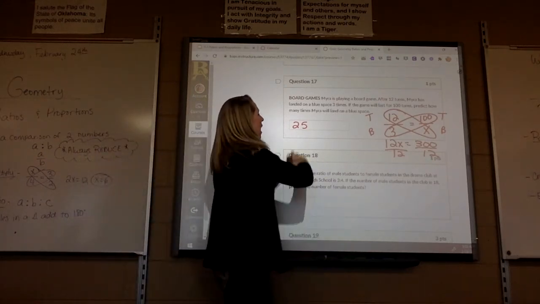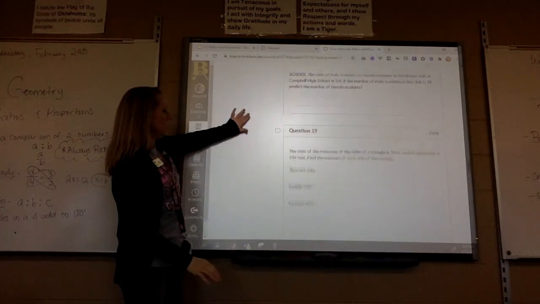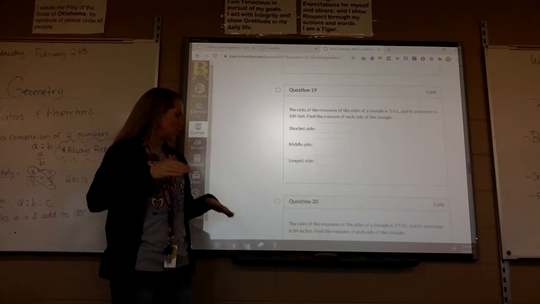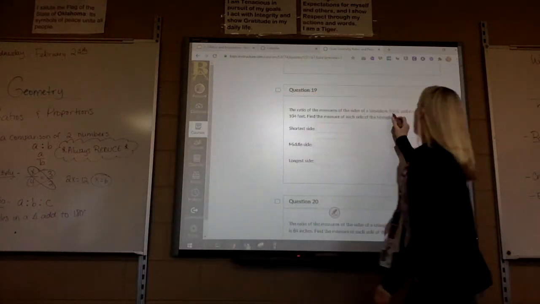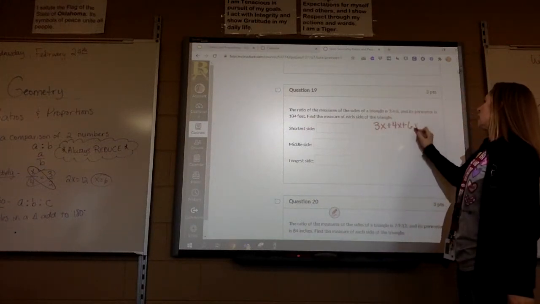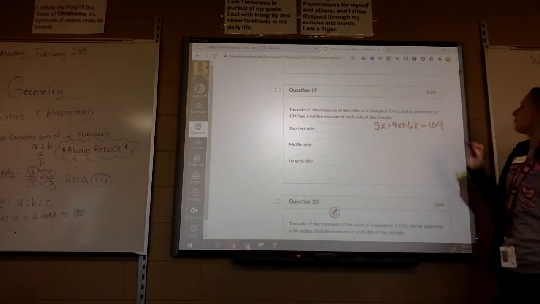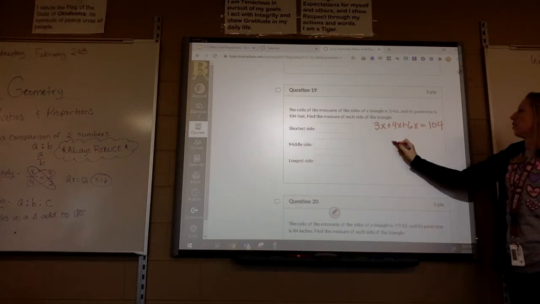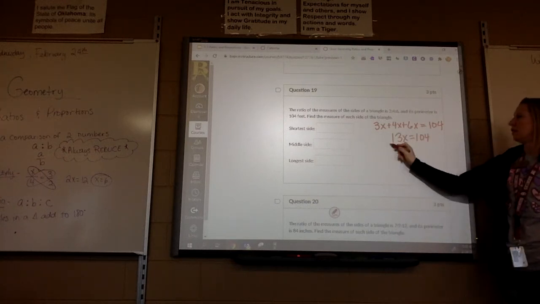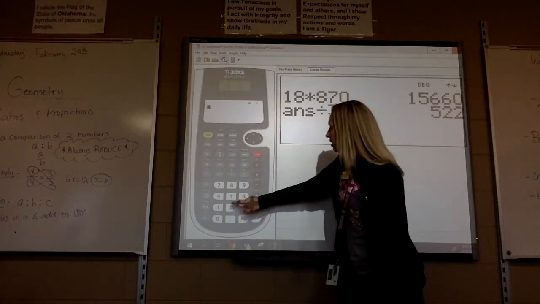Okay, the last type of problem is the extended ratio. Remember, you put an x next to each of those. Like on number 19, I would have 3x plus 4x plus 6x equals 104 because it's perimeter. So 13x equals 104. I don't know what 104 divided by 13 is.